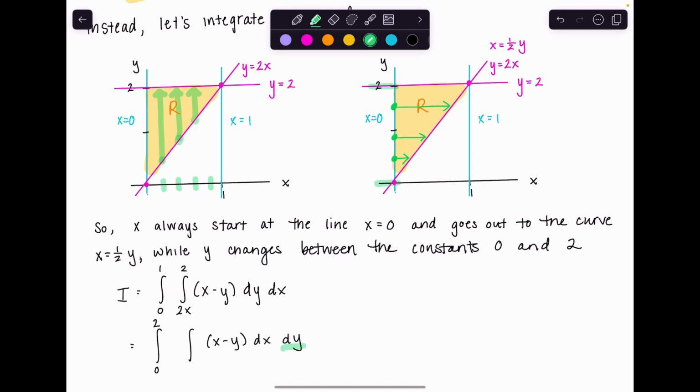But now when I go for x, I start at this function and go to this line. And again, if I'm integrating with respect to x, I don't want x in my bounds. So both of these need to be in terms of y. So x starts at 0 and goes to the line 1/2 y. I can have y in my bounds because I'm going to integrate with respect to y afterwards.